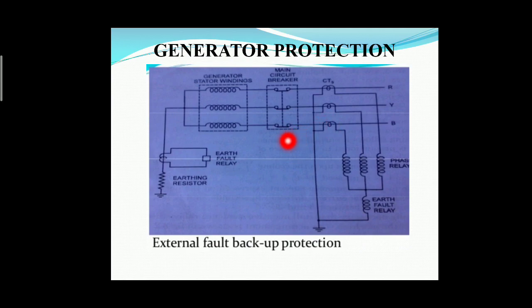While using differential protection, we take CTs at both ends, but in this case the CTs are connected at the end of the winding only.